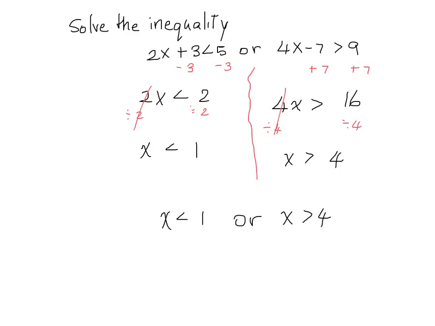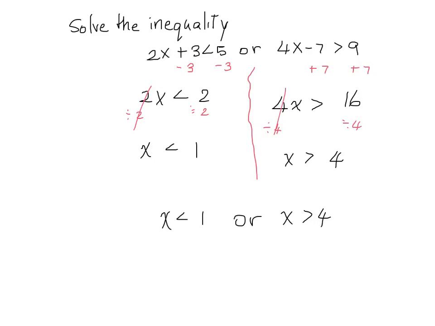That means if we try a number that is not either less than 1 or greater than 4, it should not work for either of these inequalities. So you're going to test this in the opposite way: you're going to test to see that a number in between doesn't work.